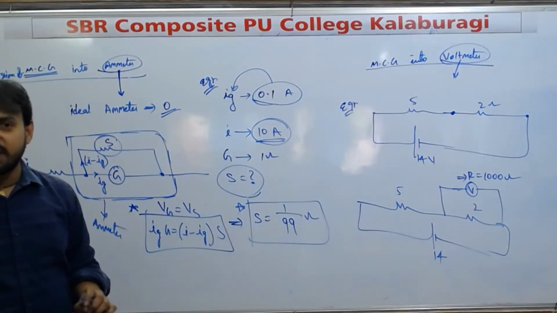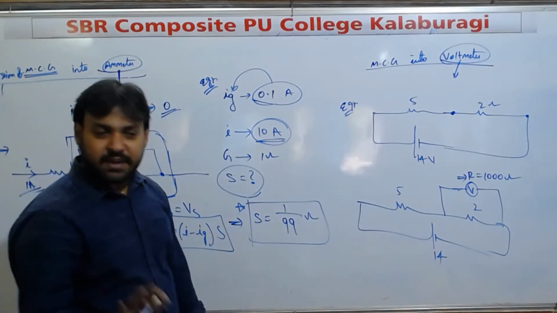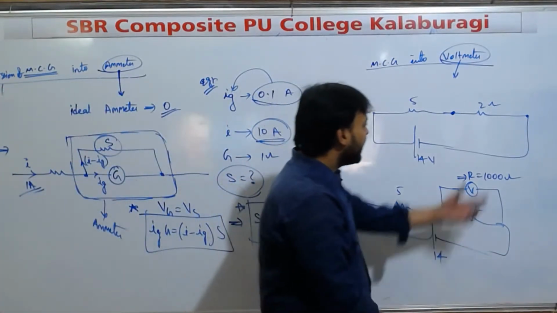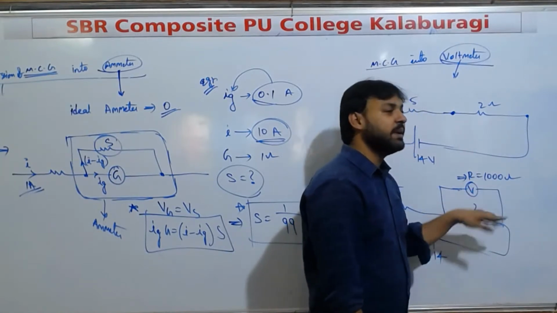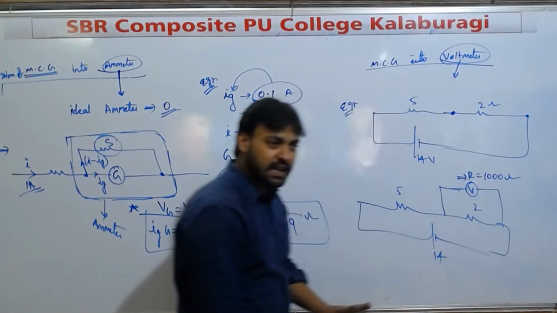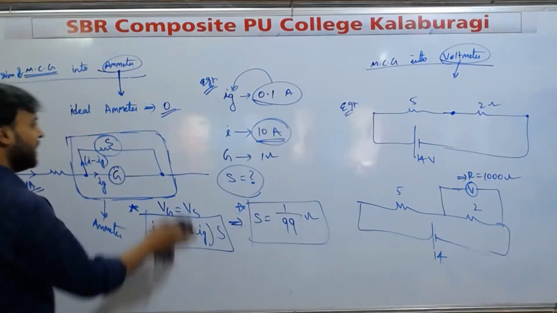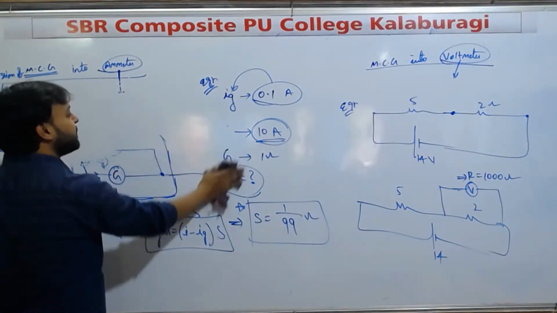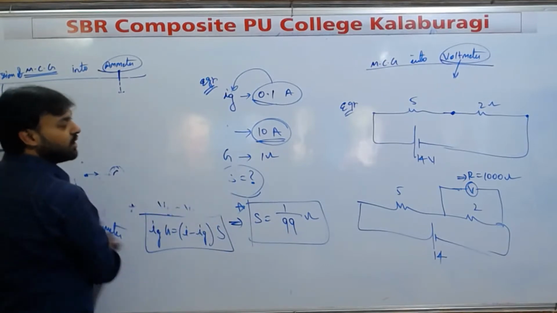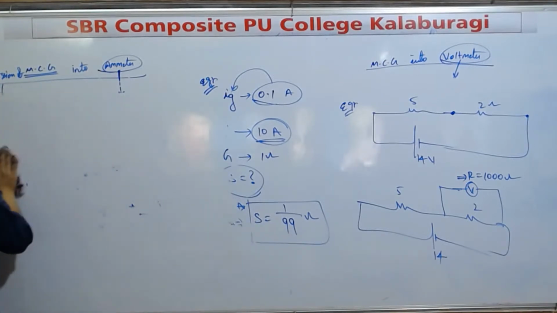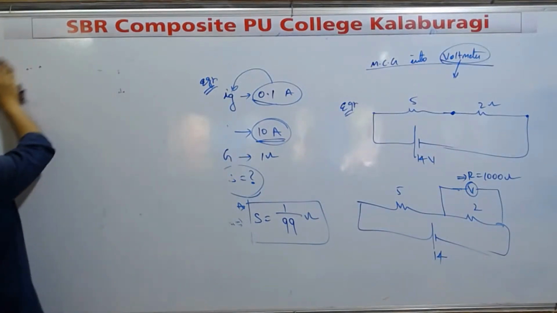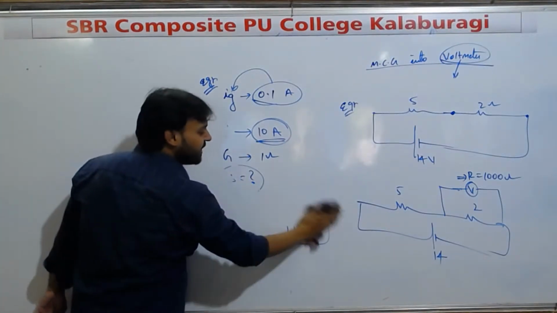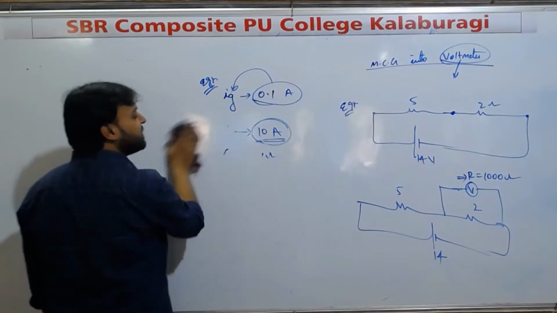Without connecting the voltmeter, what is the potential difference across the 2 ohm resistor? After connecting the voltmeter, what potential difference is the voltmeter measuring? Now I want the percentage error between them.